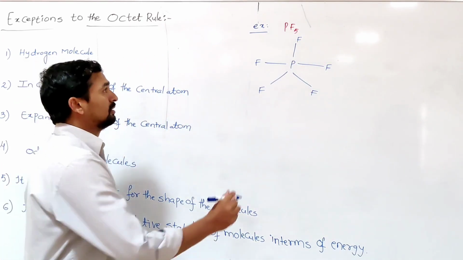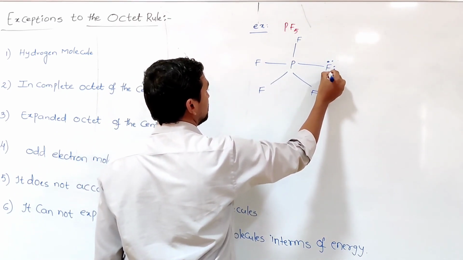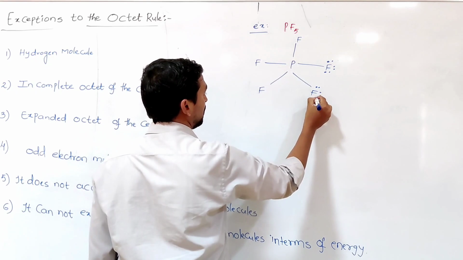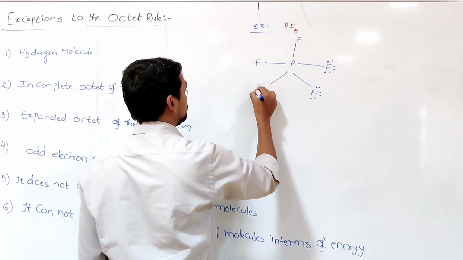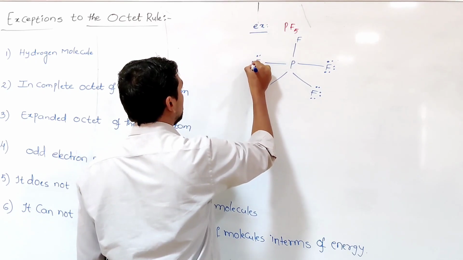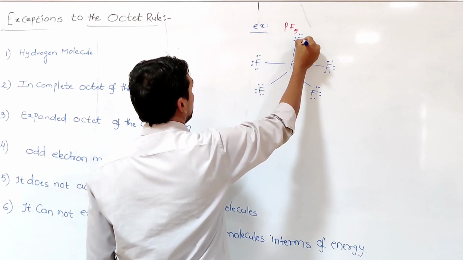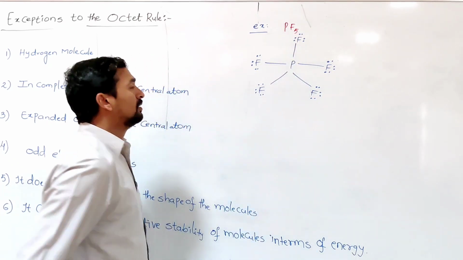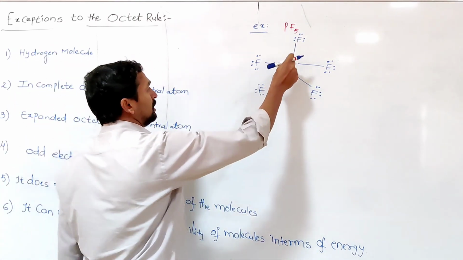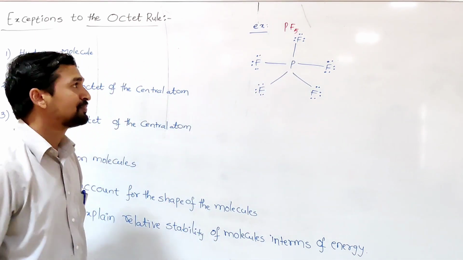So now here each fluorine atom is having the 3 lone pairs of electrons to fulfill the octet configuration. So now here around the phosphorus 5 shared pairs of electrons are present.